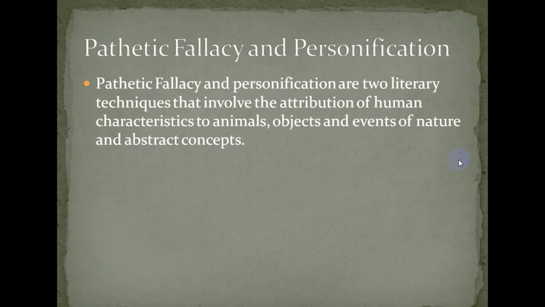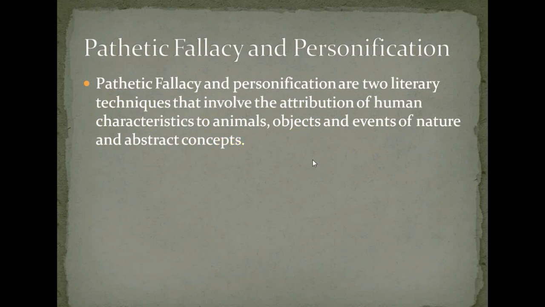So let's begin. Pathetic fallacy and personification are two literary techniques that involve attribution of human characteristics to animals, objects, and events of nature and abstract concepts.